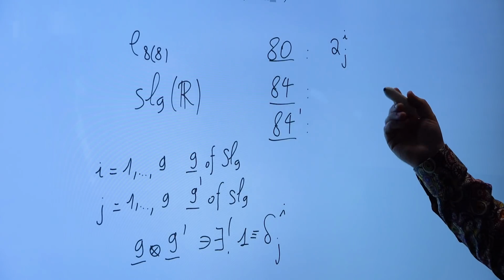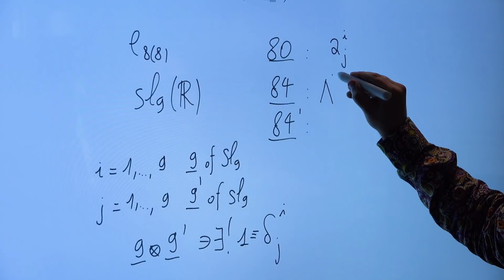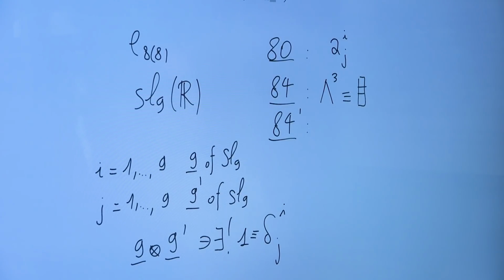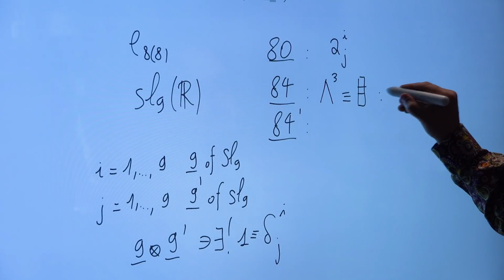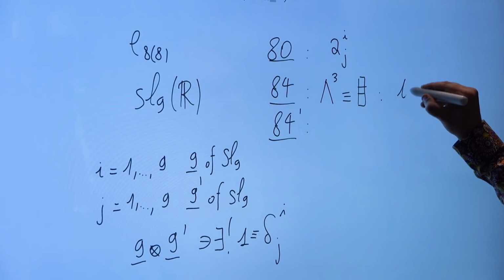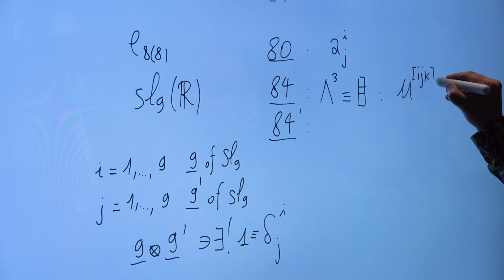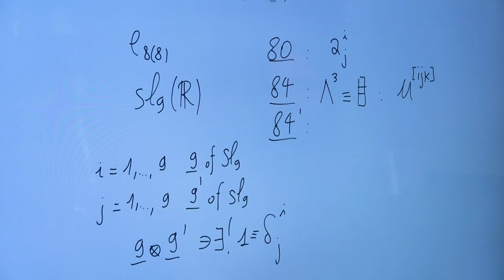And then we have 84. As we said, 84 is, in terms of Young tableau, this structure. And then we can essentially write this as U_ijk, where this is completely antisymmetric. If you compute the number of degrees of freedom of a completely antisymmetric rank 3 tensor in 9 dimensions, you get 84.